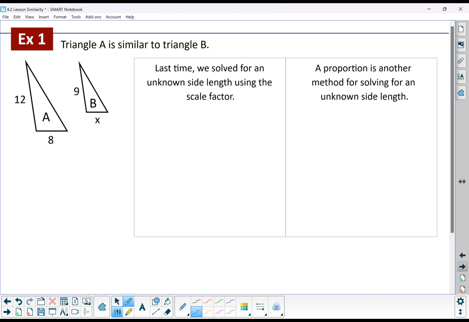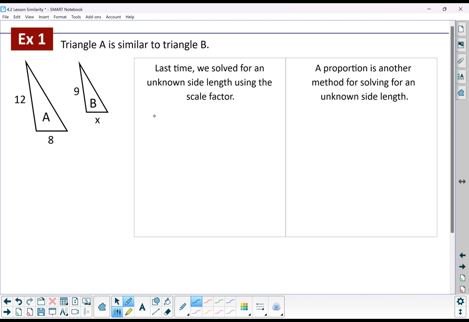Okay, so here's our first little example. I want to connect what we're doing today to what we did last time. We have two triangles, triangle A similar to triangle B. Last time we would solve for x using the scale factor, so I want to remind you how we did that.